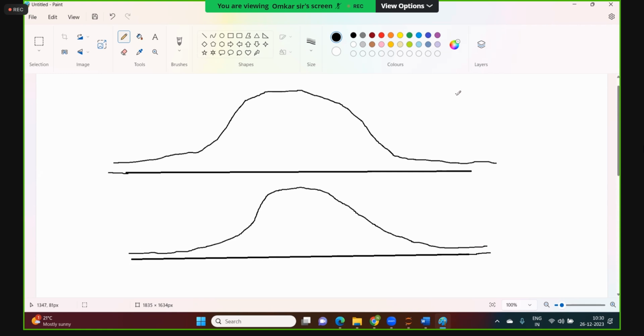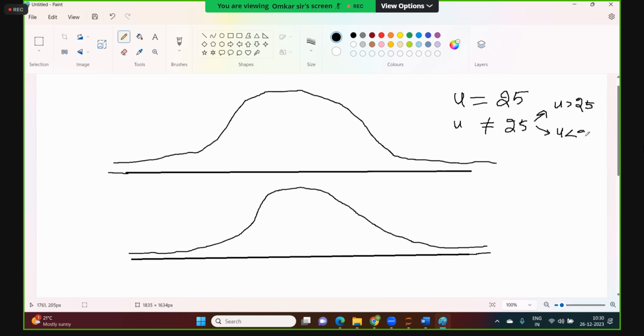Suppose mu is equal to 25 is there, and mu not equal to 25 is there. Mu not equal to 25 means what are the possible outcomes? Mu greater than 25 is a possible outcome, and mu less than 25 is a possible outcome.